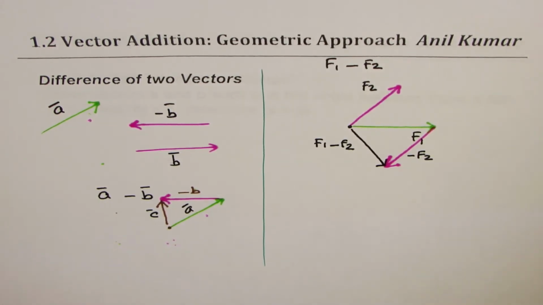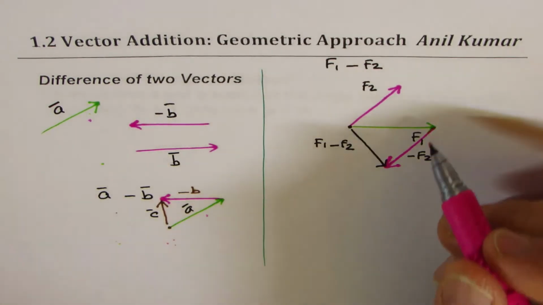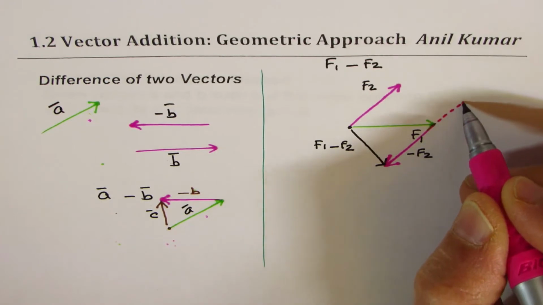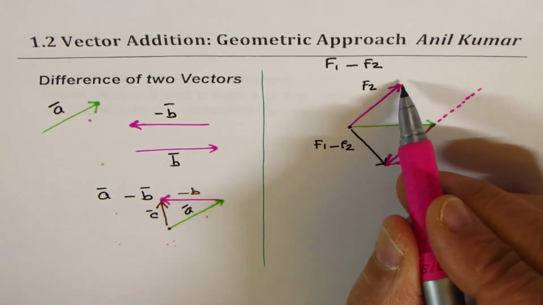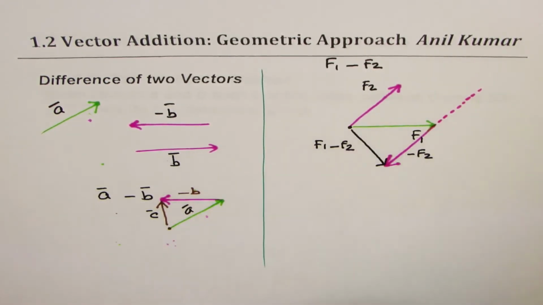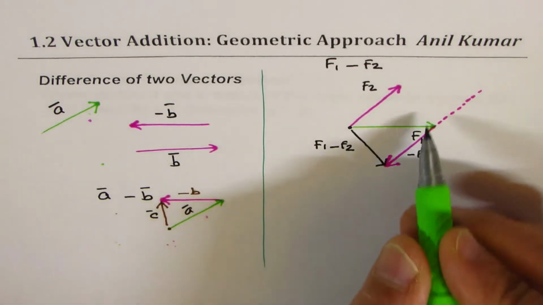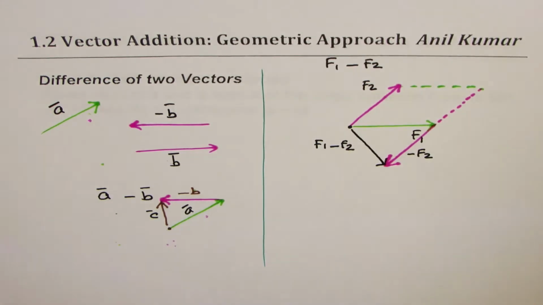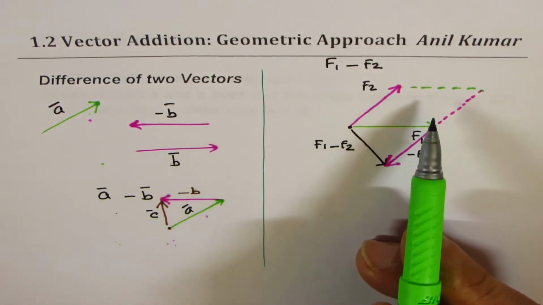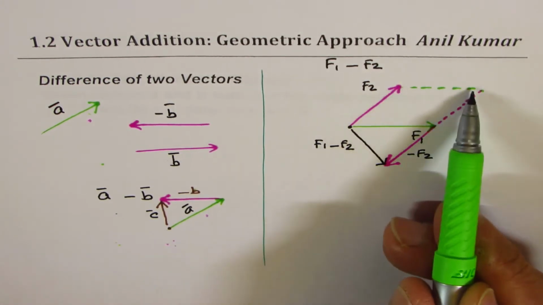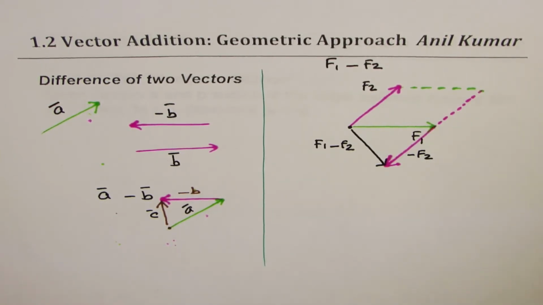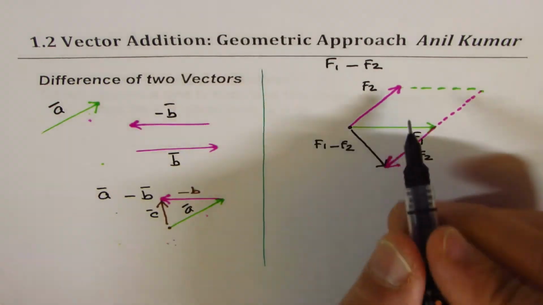The other way is that we can actually complete a parallelogram here, drawing a force which is parallel to F2, and from here drawing the force parallel to F1. Since we want F1 minus F2, we could also go from this position.